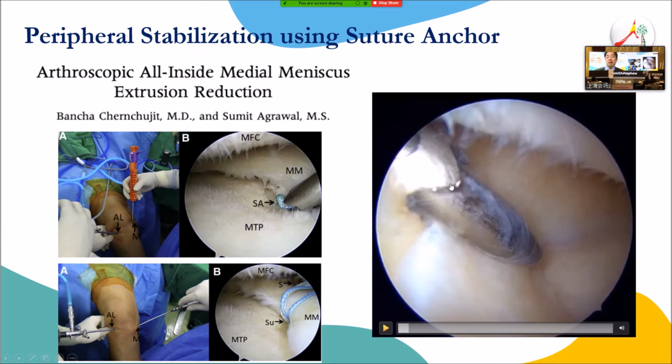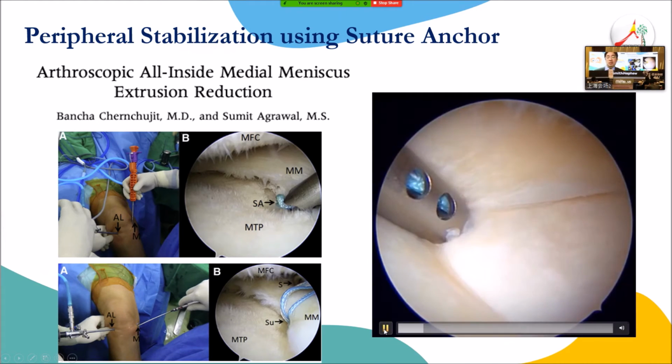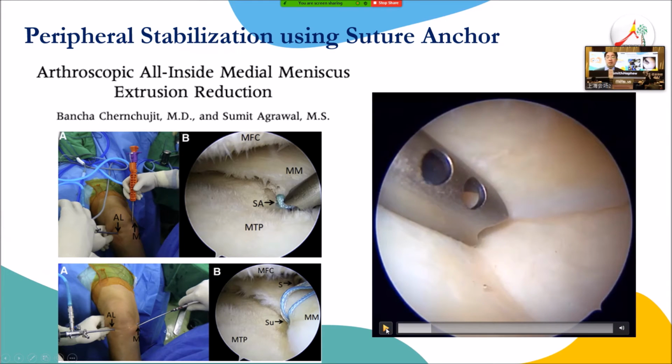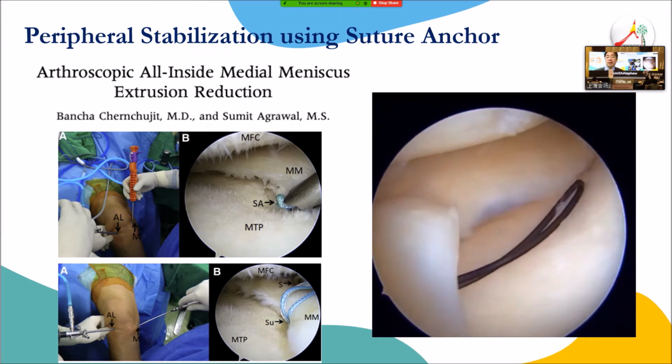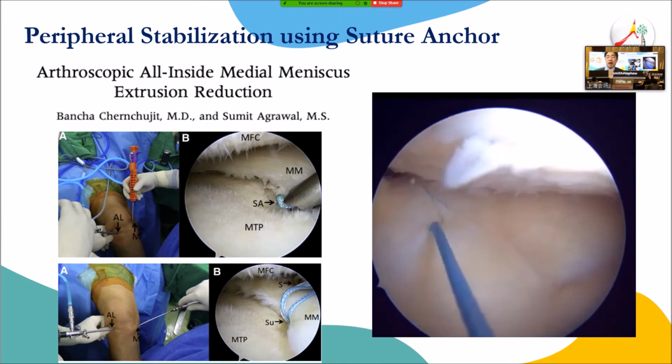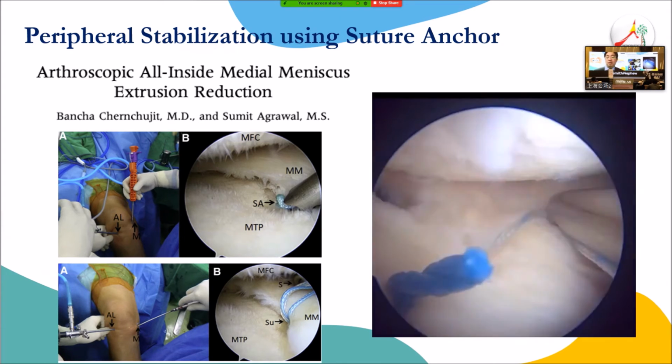Okay, and I prefer to use the Suture Fix from Smith & Nephew, coming from the medial portal. Okay, and then we put the anchors into the tibia, and then we make the extrusion reduction by repairing the peripheral part of the meniscus.